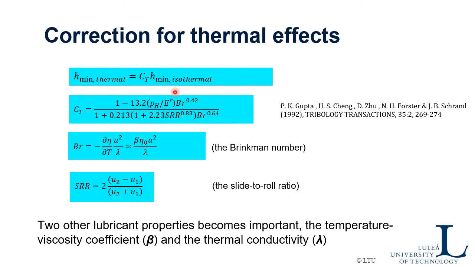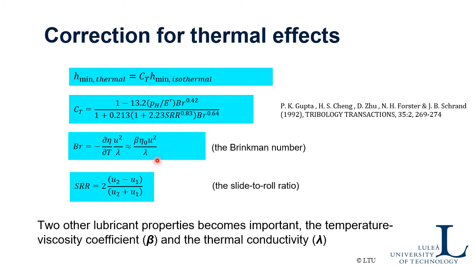The CT is given by this a little bit complex expression. It's from a classic work from the 90s. What you really need here is the Brinkmann number, the slide to roll ratio, the Hertz pressure, and the effective elastic modulus.